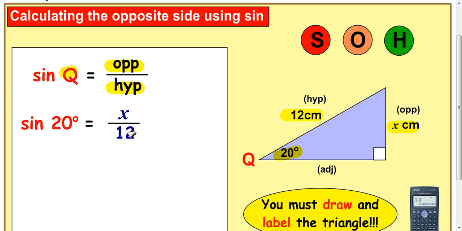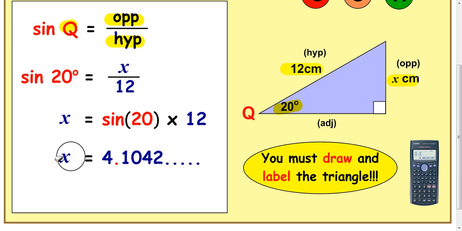And as before, if I multiply the 12 by the sine 20, I'm going to get x. So if I just do that here, sine of 20 in brackets multiplied by 12, you'll get an answer of 4.1042, and if you round that accurately, it should go to 4.1 centimetres. So it's very similar to the format we did for tan, except we're using a slightly different formula at the start.